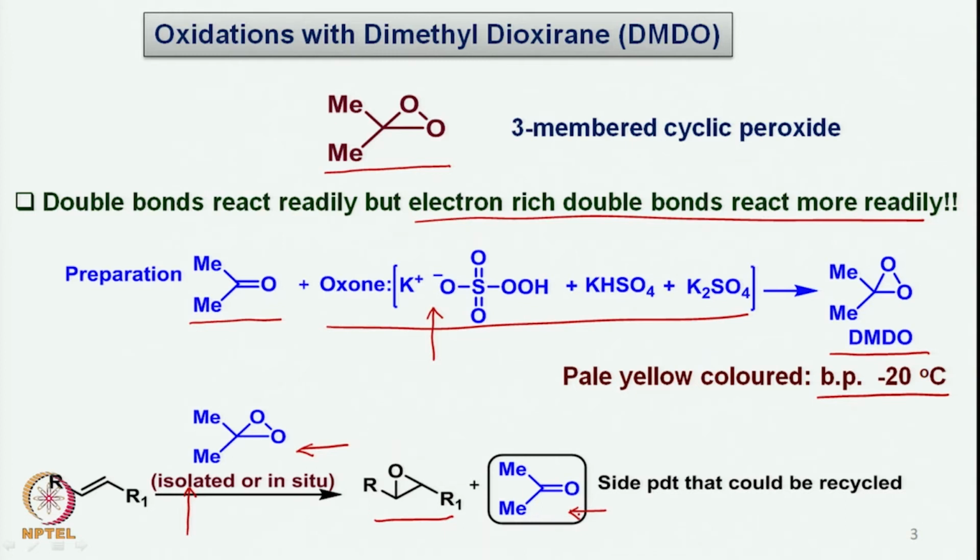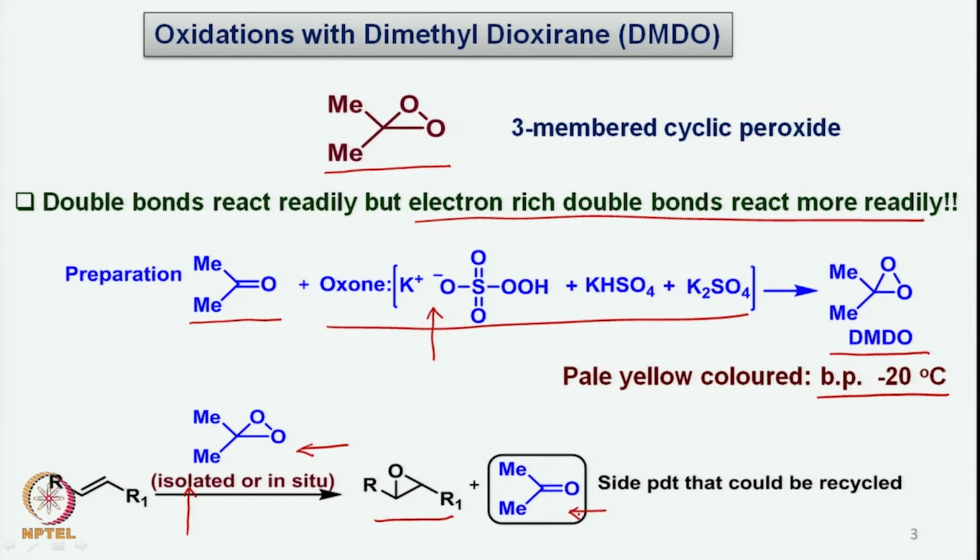It means that we can start with a small amount of acetone and a large amount of oxone, and as soon as the reaction of olefin occurs with the DMDO, acetone is back, and that acetone again reacts with the oxone to form DMDO, and then the reaction continues.